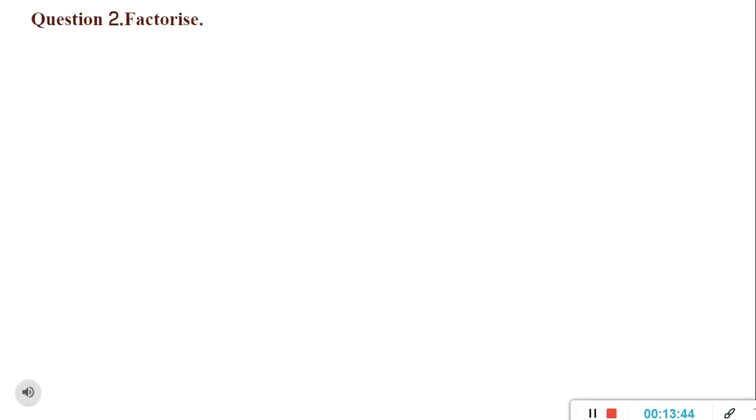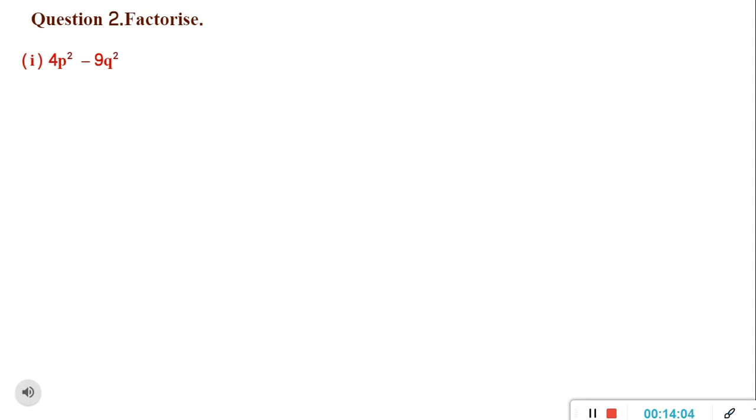Now let's see question number 2. Second question is factorize. First question we have used the identity of first and second itself, right? But in question number 2, you can see that only two terms are there. First question is 4p square minus 9q square. So here we can use third identity, a square minus b square.